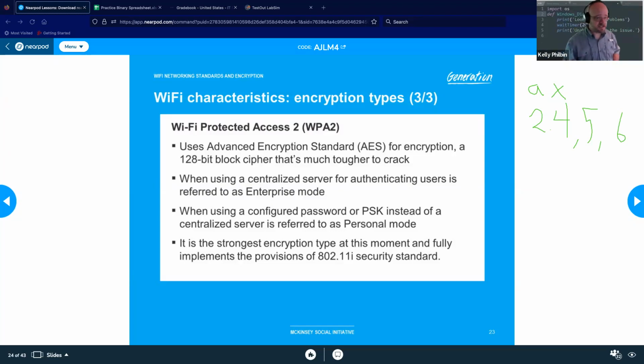Now, if faced with it on the test, if they only give the options of WEP, WPA2, and WPA, obviously you would opt for WPA2. Why would you use a lower encryption standard? Why do they give you the option of the three on your router? The devices you're using may not be able to handle the encryption level of WPA2.